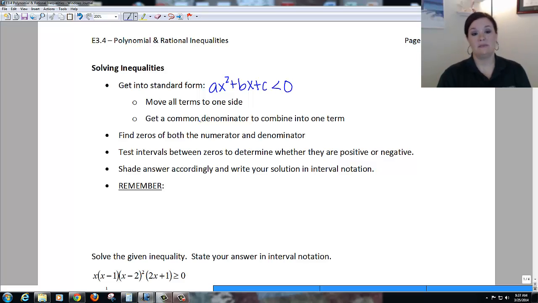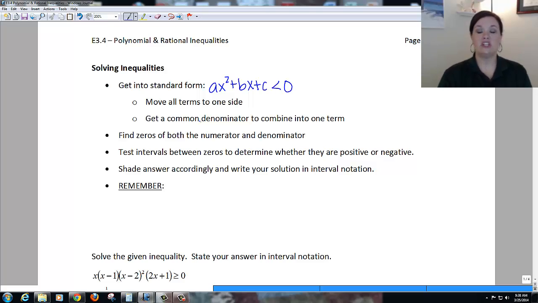Now, one thing that does make it different than the problems we did in E3.1 is we find all the zeros of both the numerator and the denominator, okay? So if we have a rational inequality, we need to know the zeros from the top and the zeros from the bottom, okay? Once we have those zeros, then we're just going to test all the intervals between all those zeros to see if their y values are above the x-axis or below the x-axis.